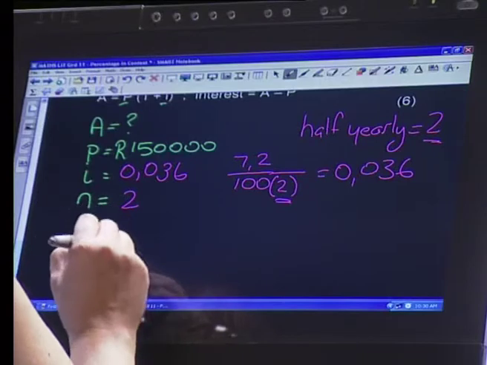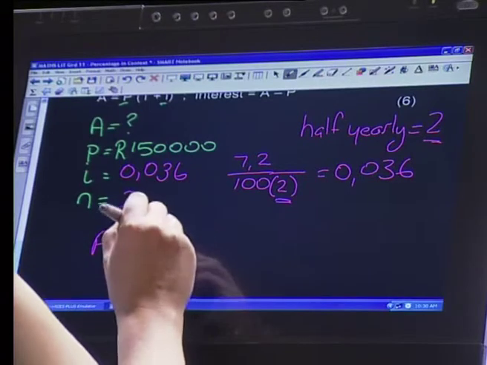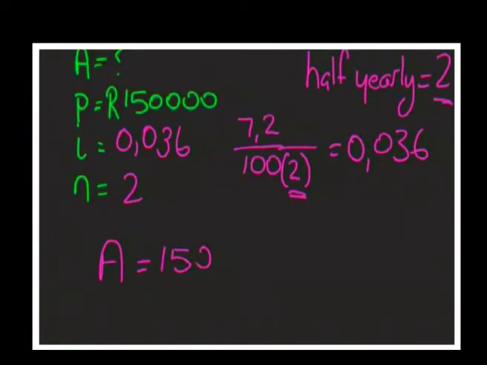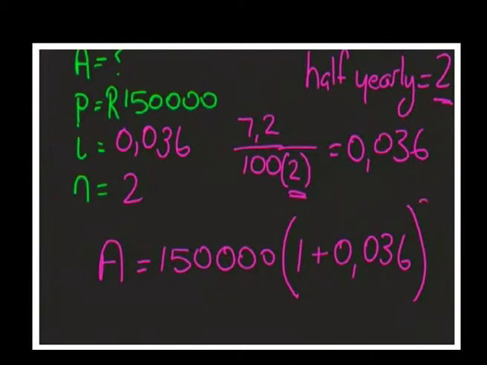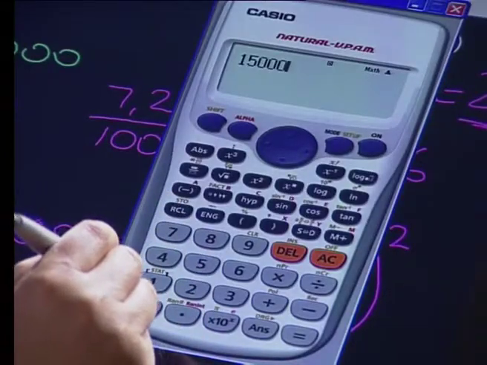Now we can rewrite the formula with the numbers. So I've got A equals my 150,000 Rand, open my bracket, 1 plus my percentage, 0,036, to the power of 2. And we can plug that into the calculator. 150,000.